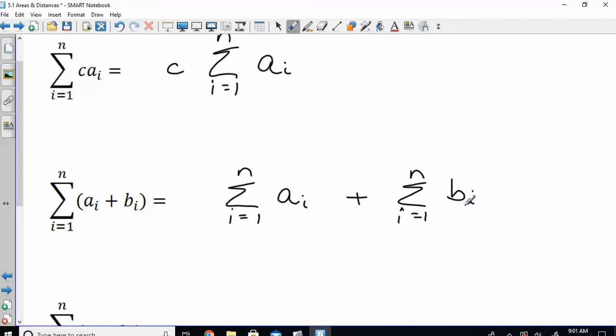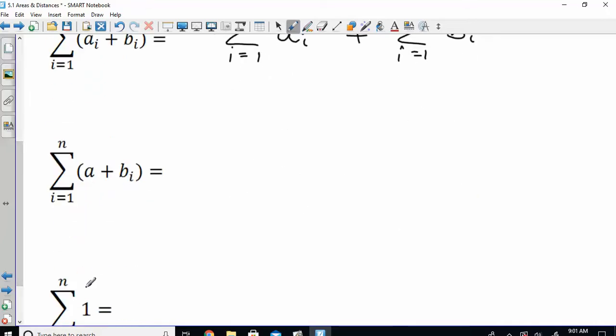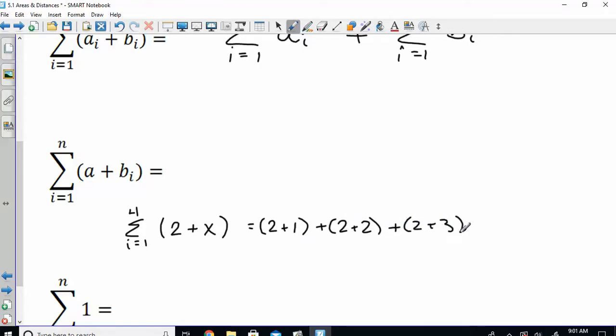Okay, third thing. This is kind of one shortcut. If I have the sum from i equals 1 to n of a plus b sub i. Okay, for instance, if I said sum from 1 to 4 of 2 plus, let's just keep it simple and say x. Okay, if I were writing that out, I would have 2 plus 1 plus 2 plus 2 plus 2 plus 3 plus 2 plus 4, right?